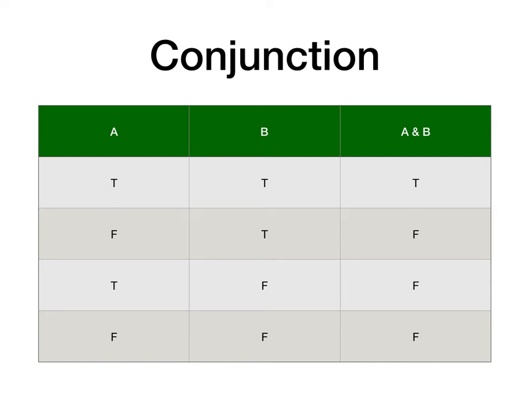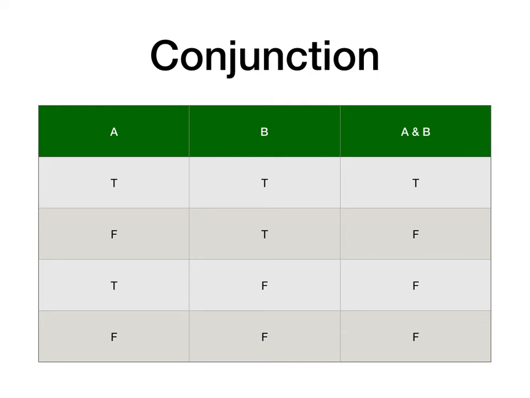Conjunction. Well, what's the truth value of A and B? When is A and B true? When is it false? Well, A and B is true when both A is true and B is true, right? If I said Norfolk is a city in Virginia, and Winston-Salem is a city in Virginia, that sentence would be false because even though the first part's true, I put an and in there and the second part's not.